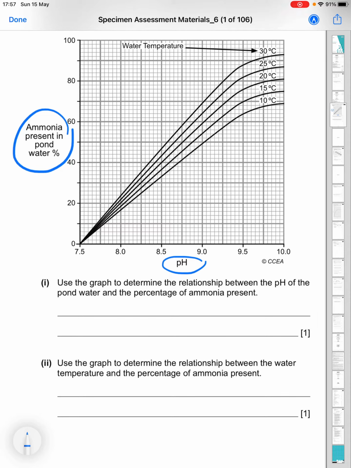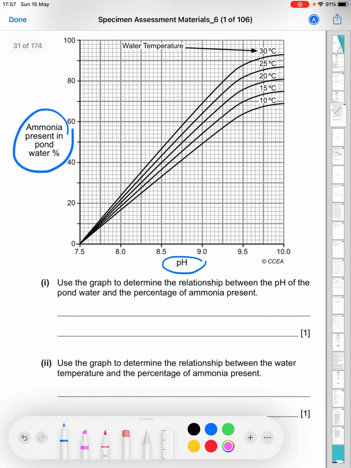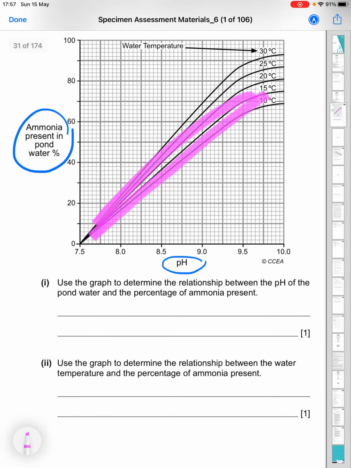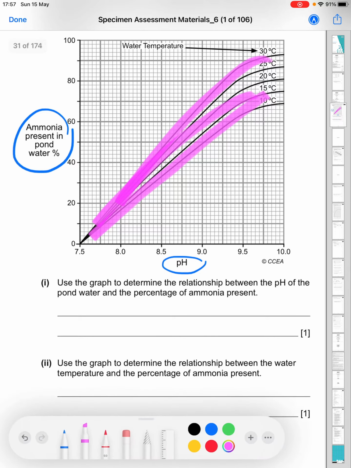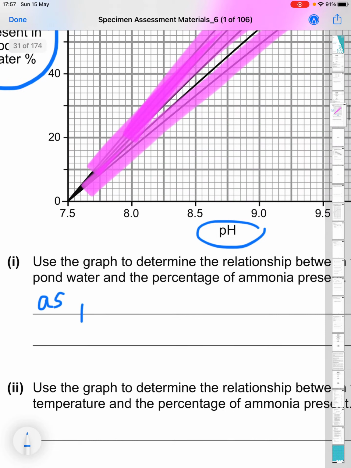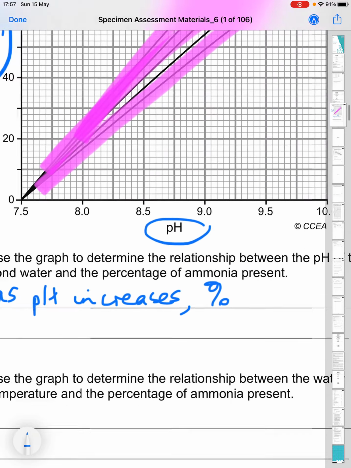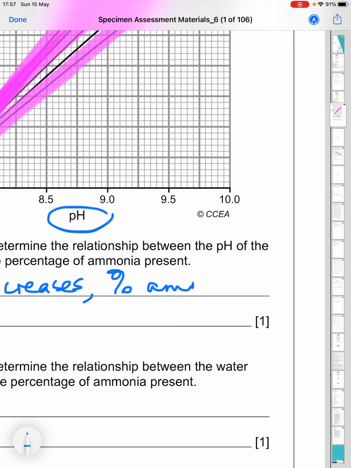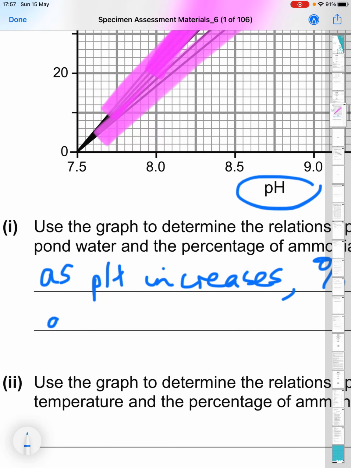You can see this very clearly in all of the graphs: as the pH increases, the amount of ammonia present increases as well. So we're just going to say very simply that as pH increases, the percentage of ammonia also increases.